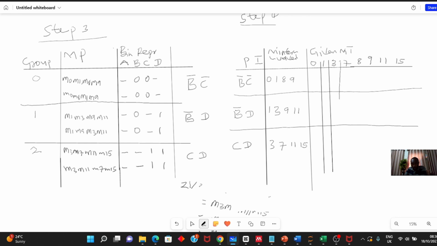Let's draw a column for all the given main terms.